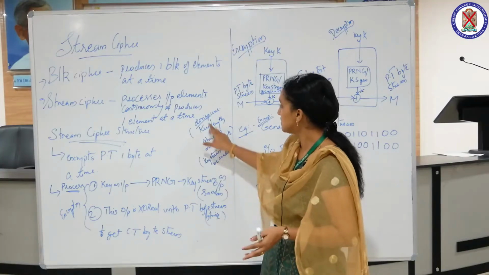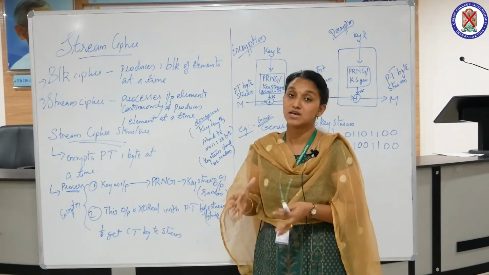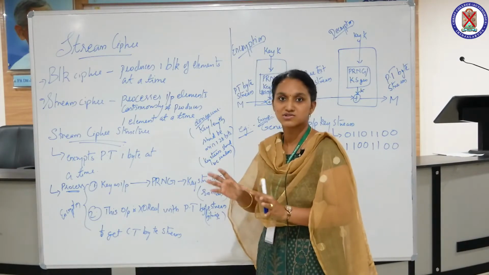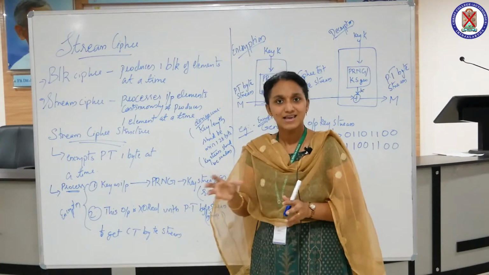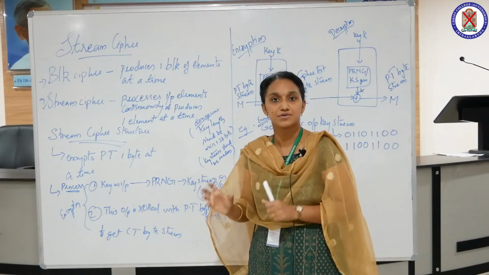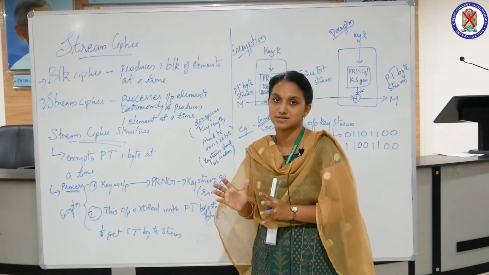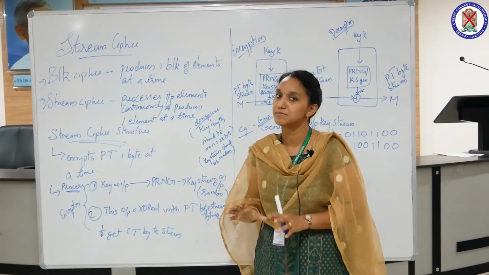Clear? So you can see these two or three design considerations which we should keep in mind while designing a stream cipher structure. As we know, the key plays a very relevant role in this whole process, so the key length should be a minimum of 128 bits.